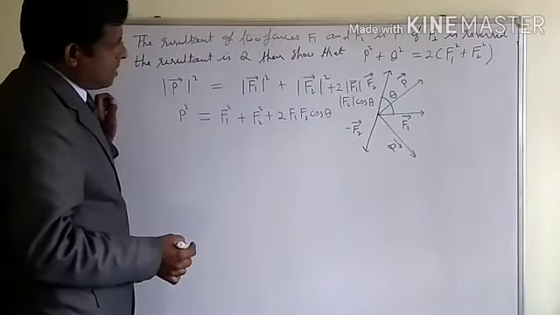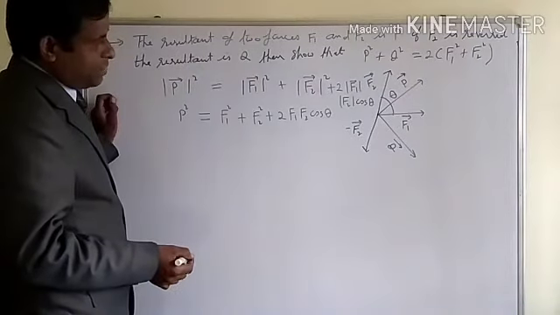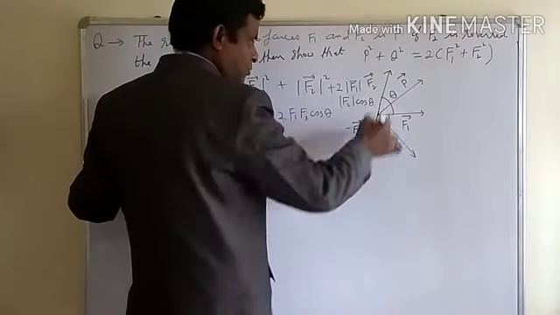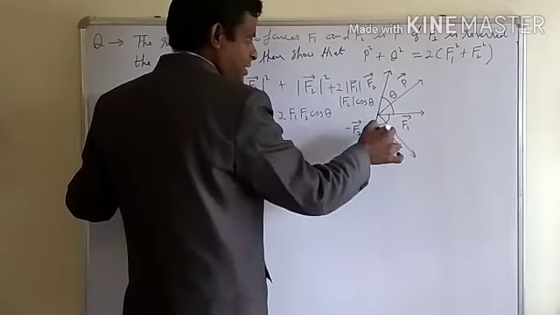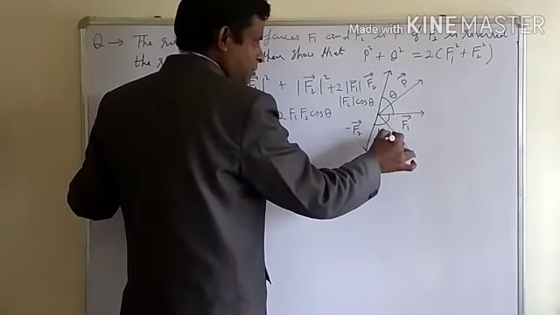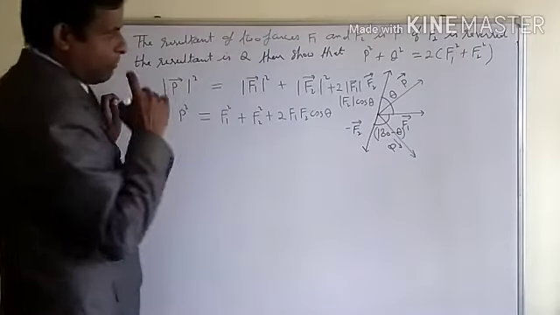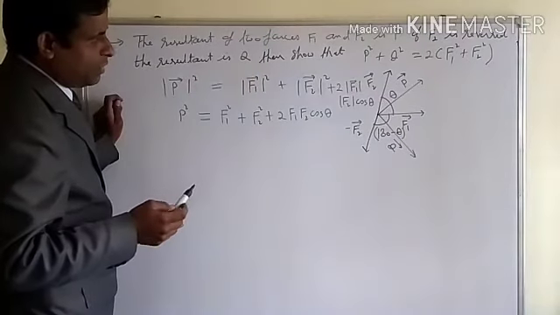Now what will be the angle between F1 and minus F2? This angle will become 180 degree minus theta, because it is the opposite vector. So 180 minus theta will be the angle between F1 vector and minus F2 vector.